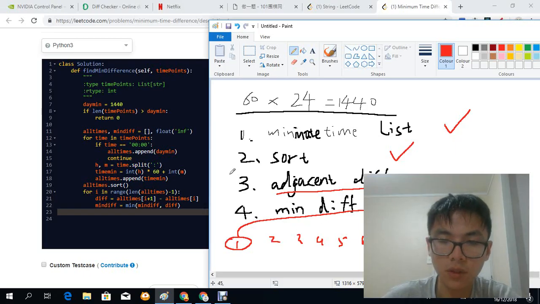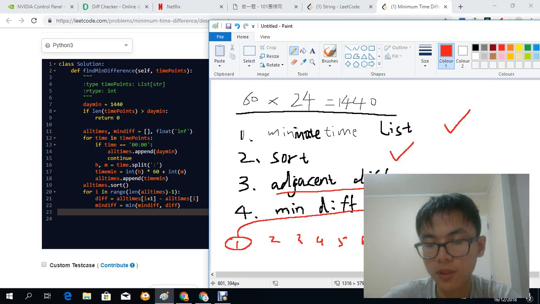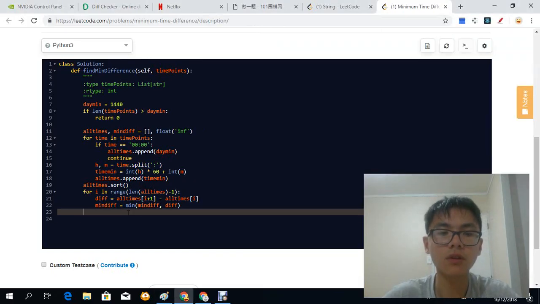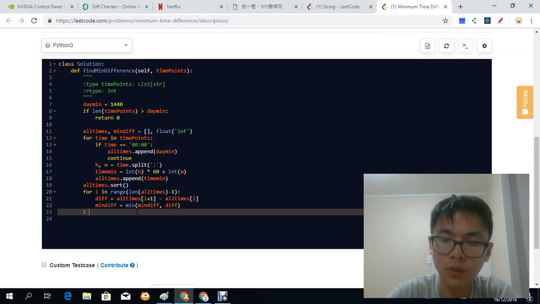I don't know how to give you an example, but sometimes that will be the case when you convert those times into the minutes list. Therefore, there's one thing we need to do, which is to get the difference between the first number and the last number of our new list.